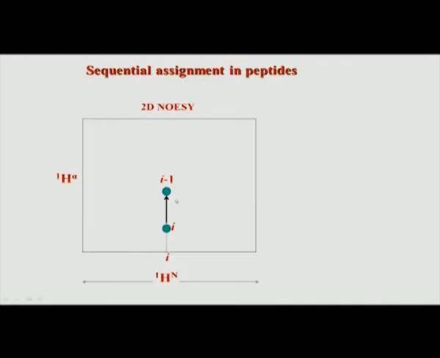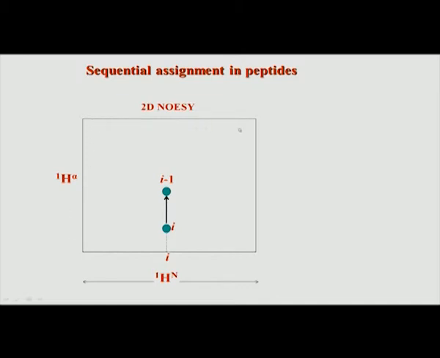What is shown here is again a schematic. The real example, as I said, we will take up subsequently. This is a 2D NOESY spectrum, and you should again pay careful attention to the point that we are looking at a very small region of the whole spectrum. This is not the full spectrum.